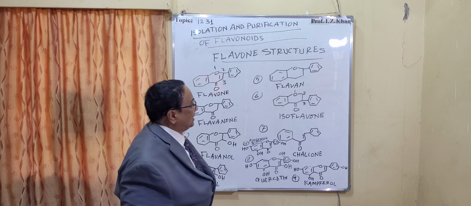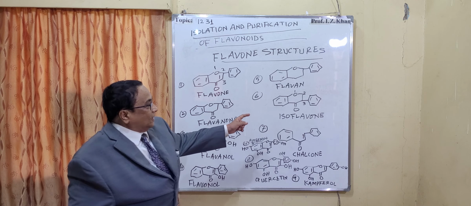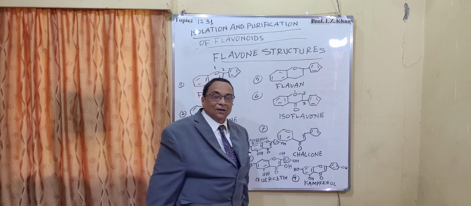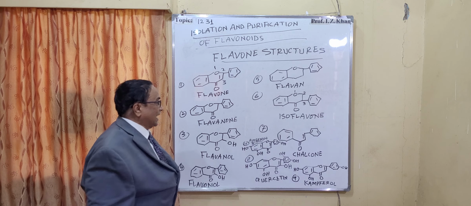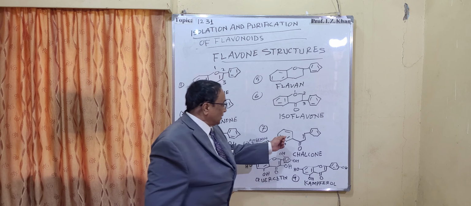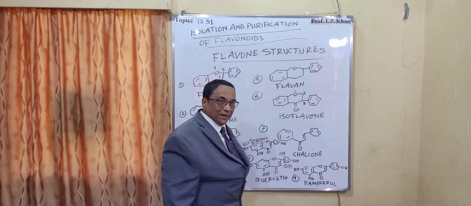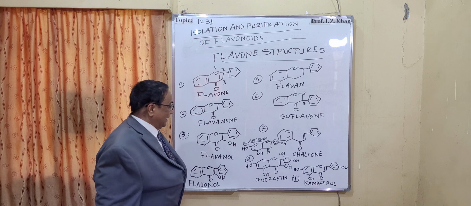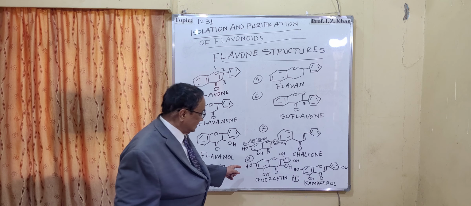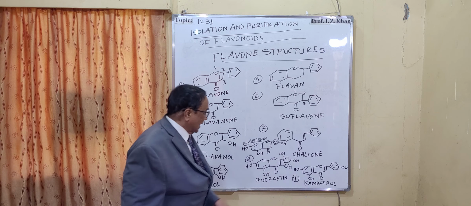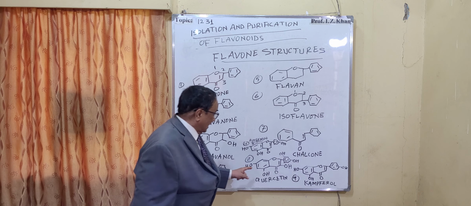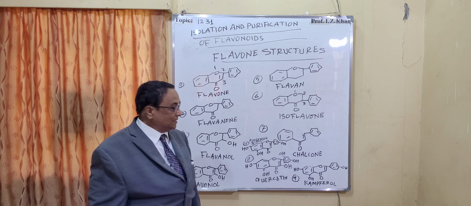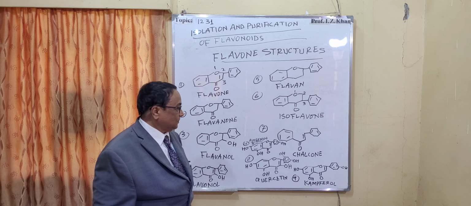And then isoflavone means where the phenyl ring is shifted from the 2 position to the 3 position. Then it is called isoflavone. And if this pyrone ring is open, then it is called chalcone. And number 8, where there are 4 hydroxy groups, 2 in phenyl and the other 2 in the benzene ring, it is called quercetin.